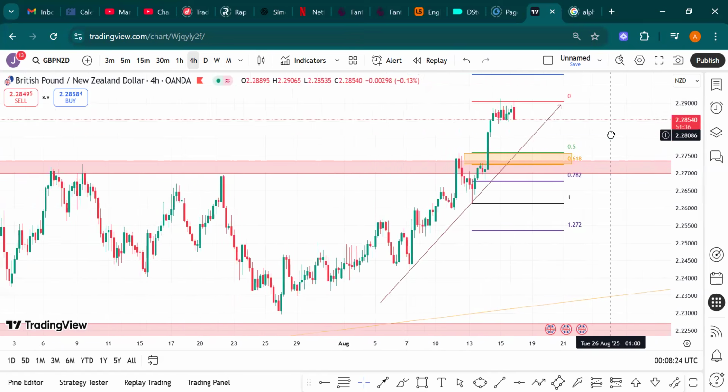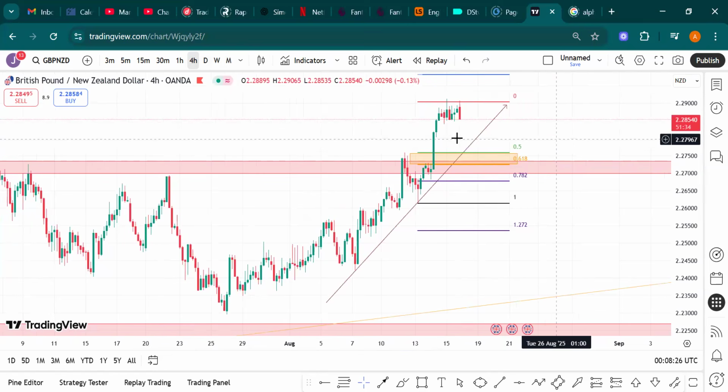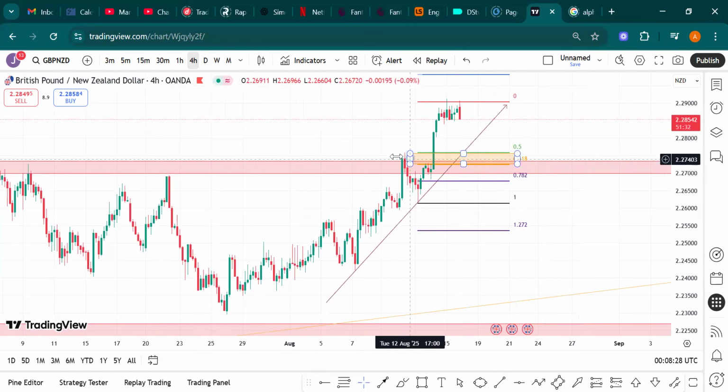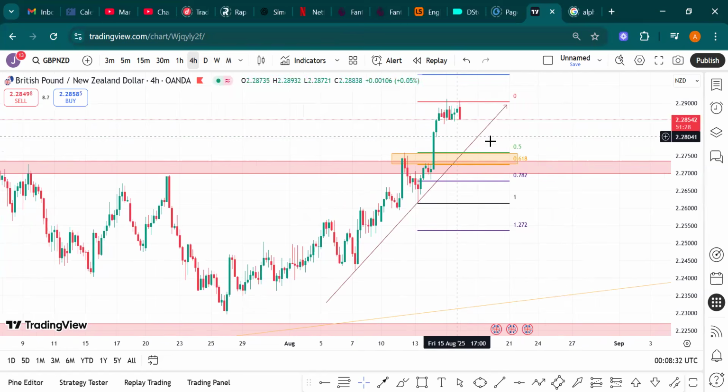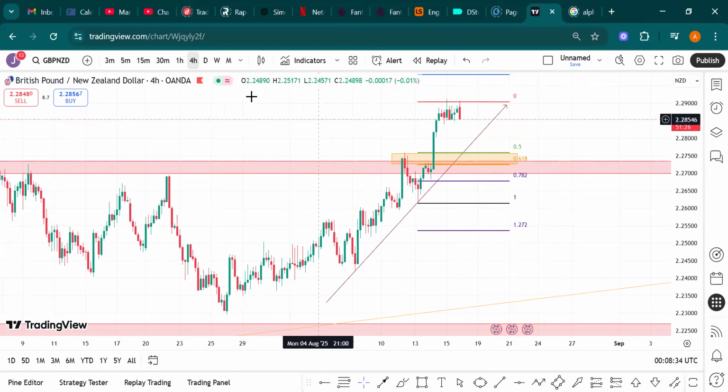Depending on when you come across this particular setup, the best time to trade this pair would be in the London session.